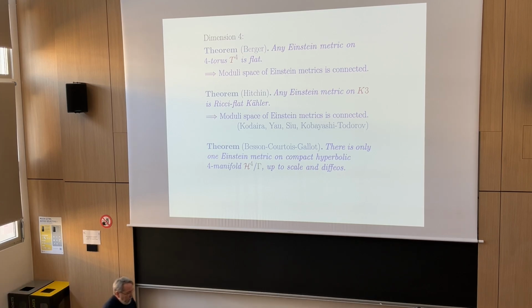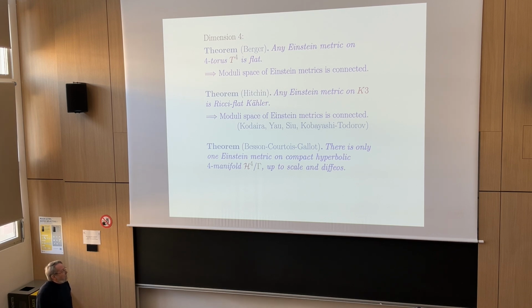If you look at compact quotients of hyperbolic 4-space, that is to say the unique simply connected Einstein manifold which is also of constant sectional curvature, where the sectional curvature is negative, conventionally normalized, here this would be -3 for the standard metric, but you can of course multiply it up and down if you want.